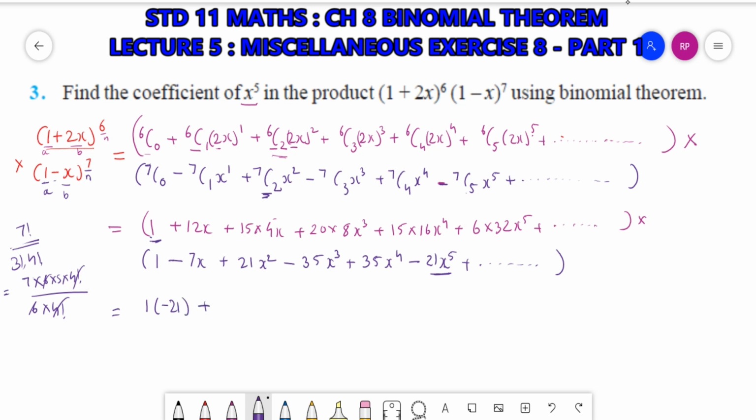Plus, now when x is multiplied by x raised to 4, we will get x raised to 5. So plus 12 into 35. I am only taking the coefficient now. Here, the coefficient of x raised to 5: now when x is here, it's x square, not x.